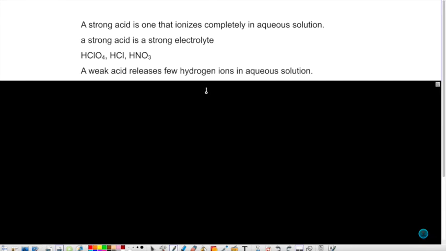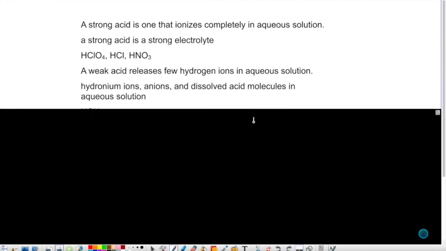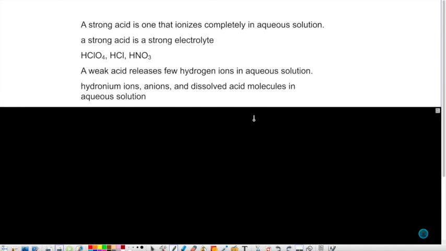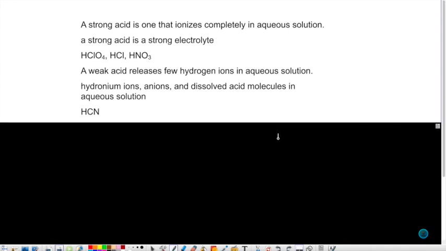Okay? A weak acid releases few hydrogen ions in aqueous solutions. So you have hydronium ions, anions, and dissolved acid molecules in aqueous solutions. For example, HCN. Okay?